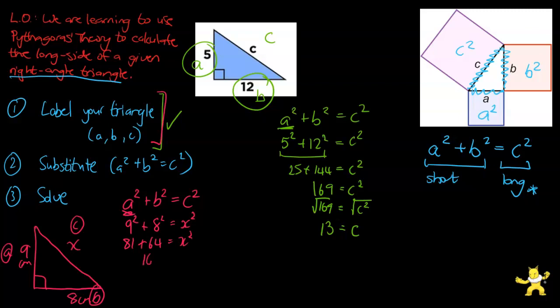That is going to be 145 is equal to x squared. We're then going to square root that. So the square root of 145 is equal to x. And when you put that in the calculator, you're going to get 12.04. I'm going to write in my units, centimeters, and I've rounded that to 2 decimal places.